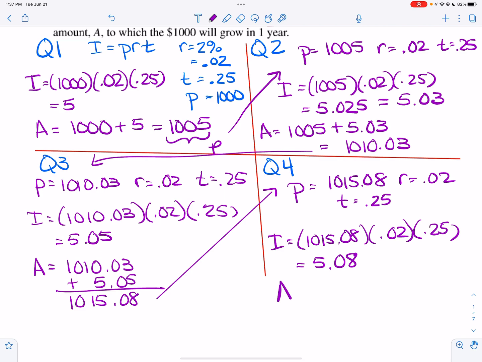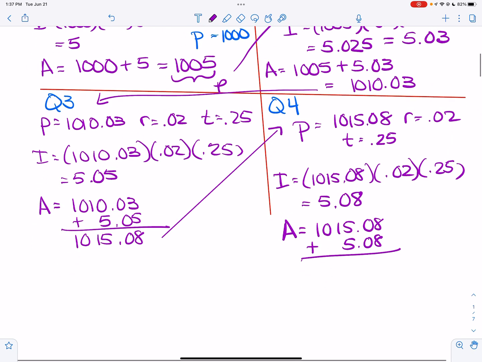So at the end of the first year, I add this together, and I end up having $1,020.16.